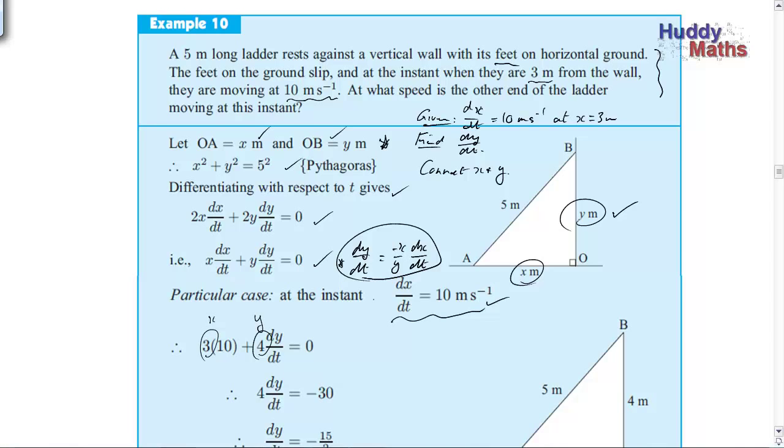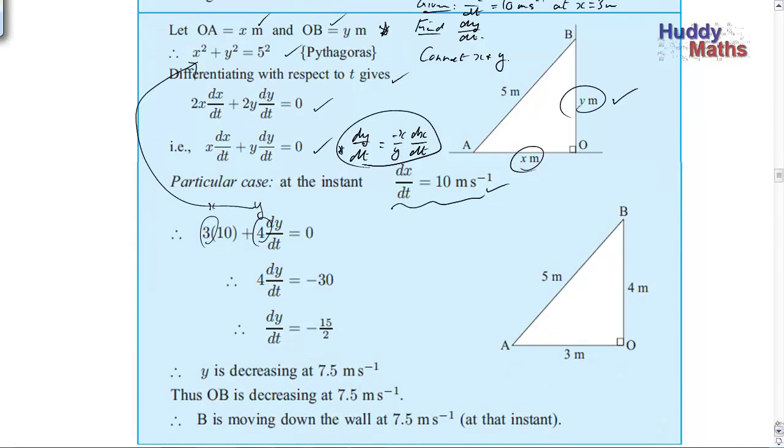So we have to go back to our original expression up here and work out what y was at that instant, and then substitute it in and come up with an answer which is neg 15, or decreasing at 7.